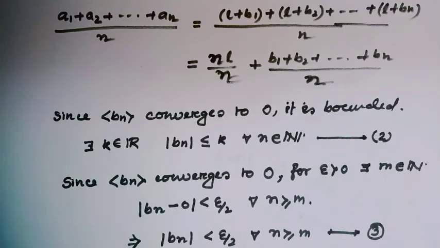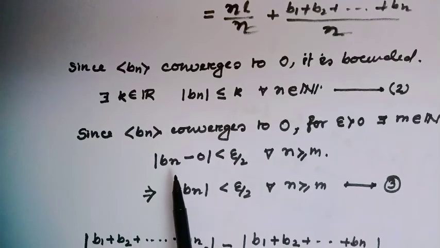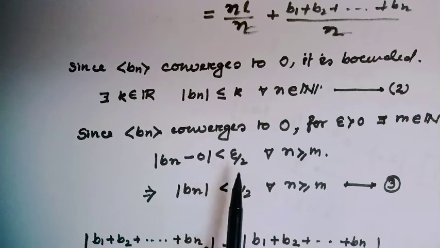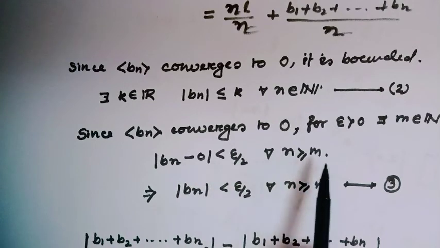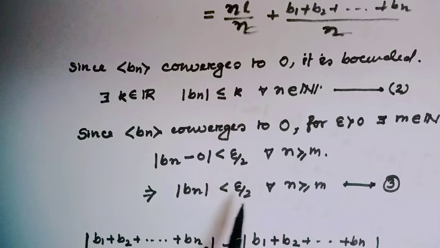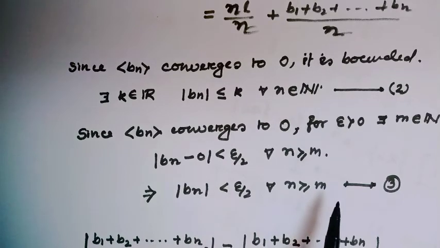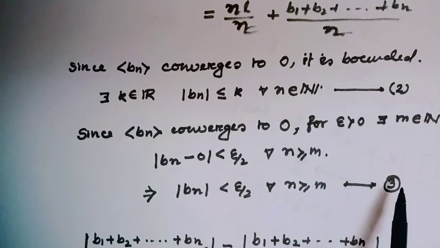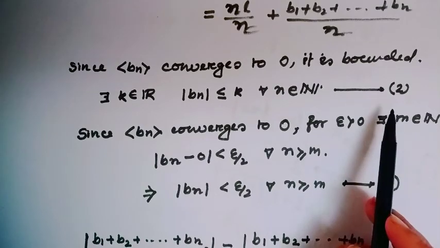And since bn converges to 0, for all epsilon greater than 0 there exists m belonging to the natural numbers such that the absolute value of bn minus 0 is less than epsilon over 2 for all n greater than or equal to m. That implies bn is less than epsilon over 2 for all n greater than or equal to m. Let's call this 2.